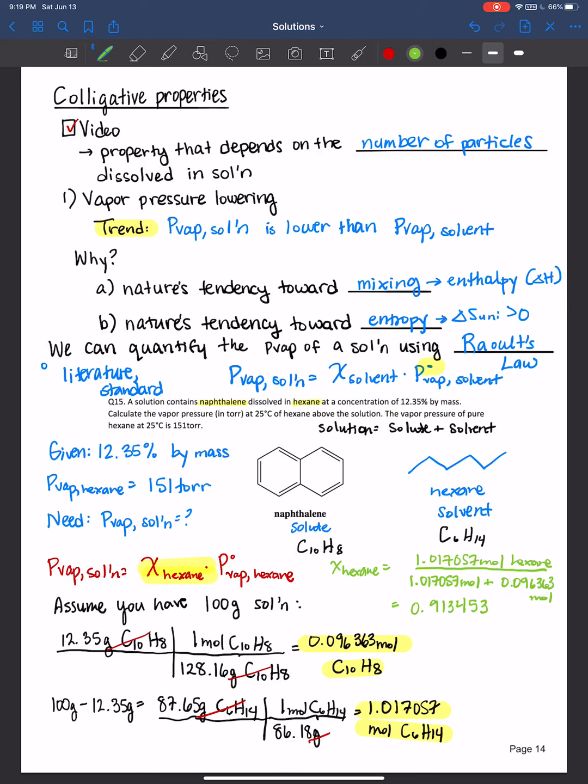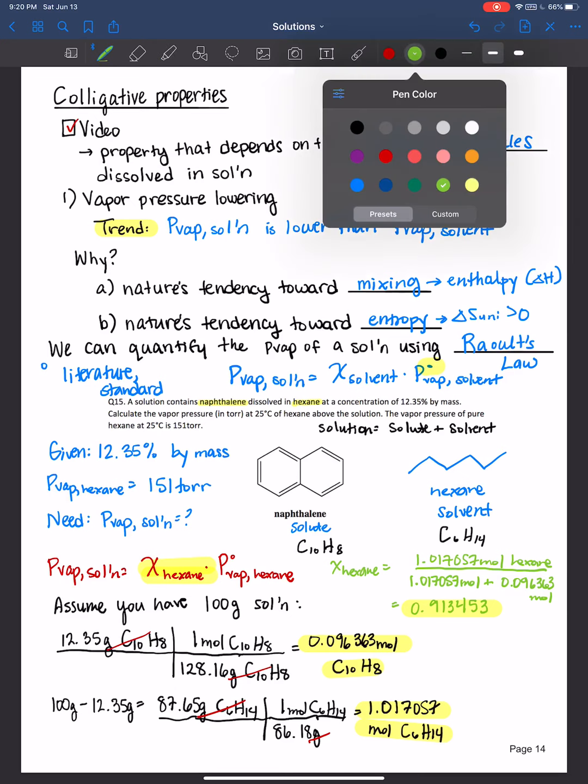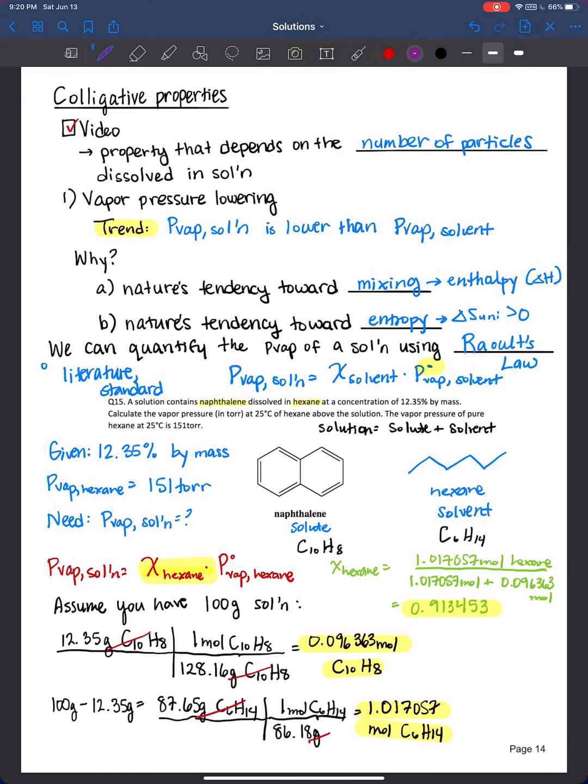Now we have the mole fraction of hexane, and we have the vapor pressure of pure hexane. So now we can calculate the vapor pressure of the solution after the naphthalene has been added using Raoult's law. The vapor pressure of the solution is equal to the mole fraction of the hexane in our solution. Remember, use the mole fraction of the solvent, not the solute.